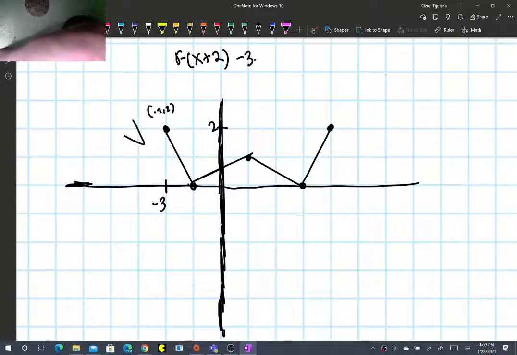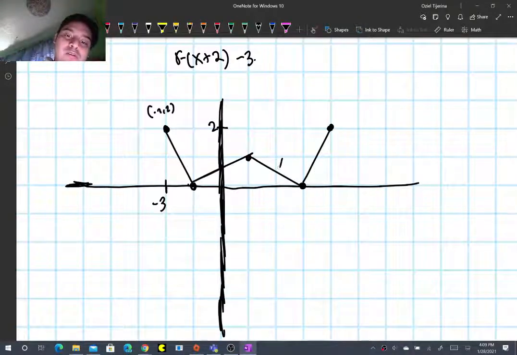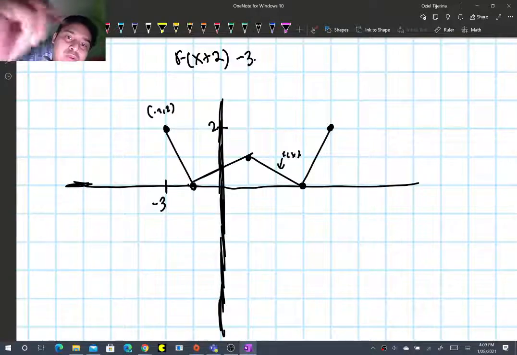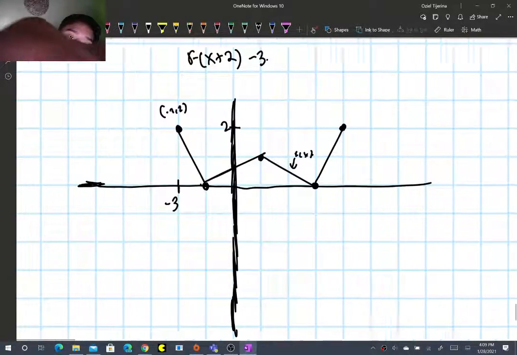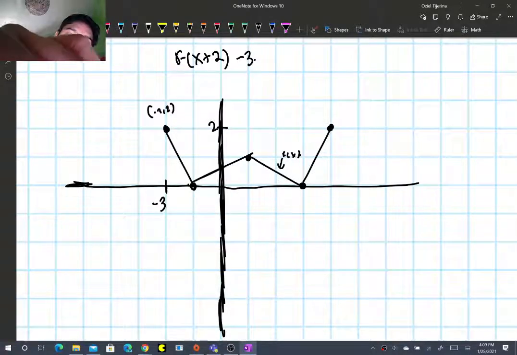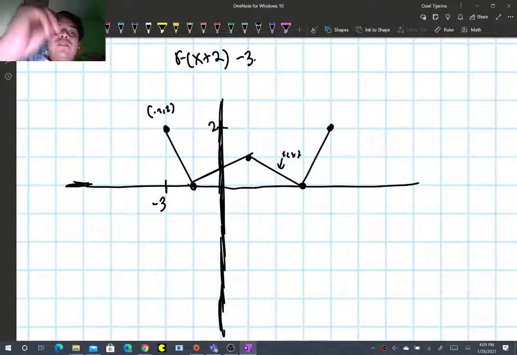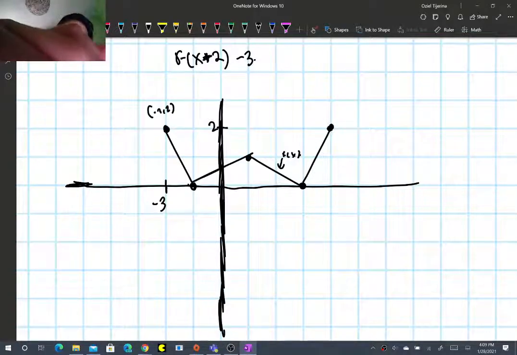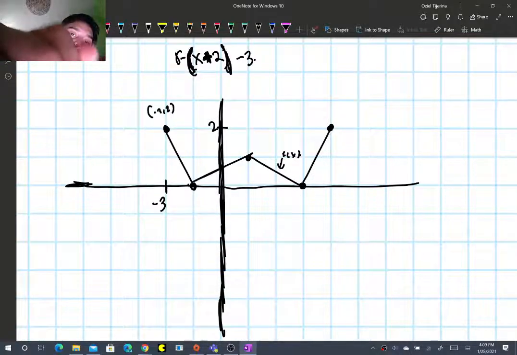So this is my function here, and I'm going to go 3 units down and 2 units left. So when you have this, that means that you're going left 2, not right, but left. Remember that when you have an addition in front of your x plus h or x minus h, that means it's going to go to the left. Always think opposite when it comes to parentheses and addition, okay?